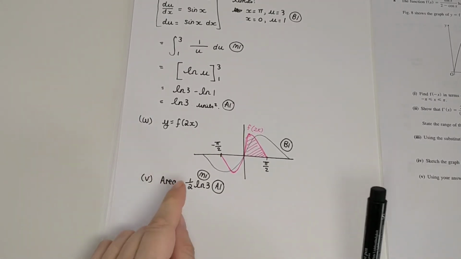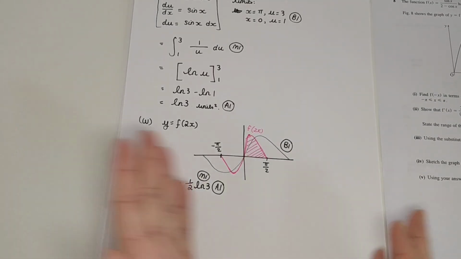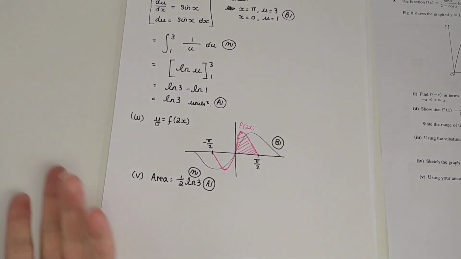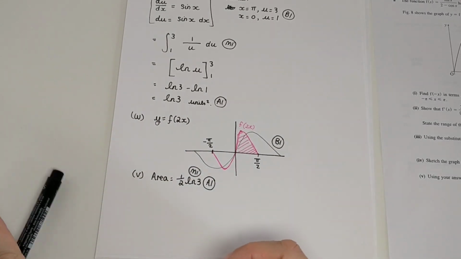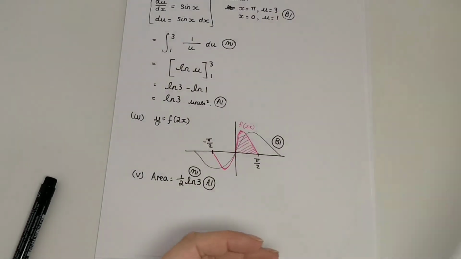Then the method mark is there because the fact that you've got a half in there maybe shows that you understand that the area's been halved. It's just there for that reason. And probably because the paper only added up to 71 and they needed an extra mark. I don't know. But yep, that is the end of this test.